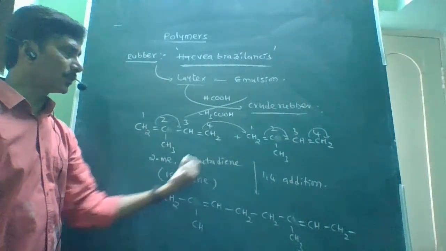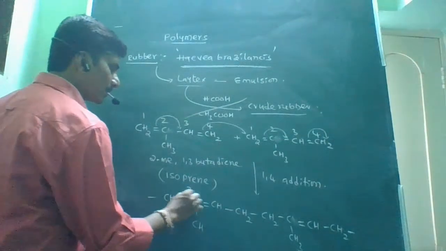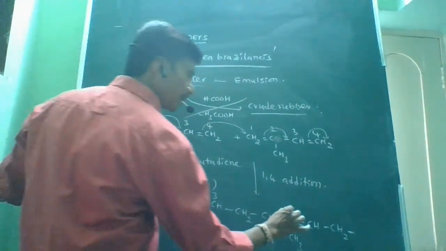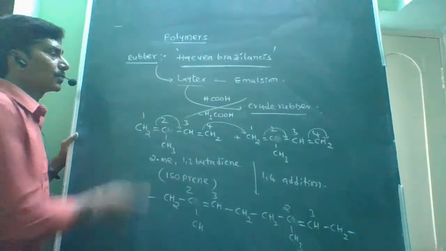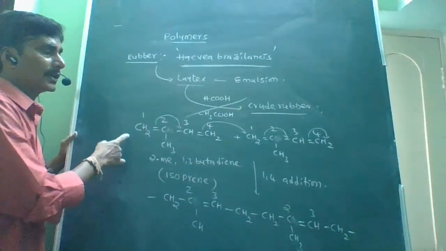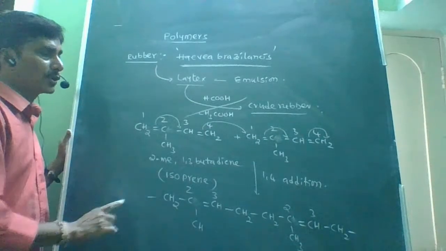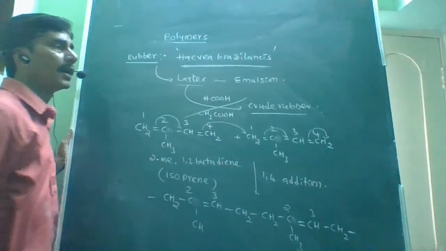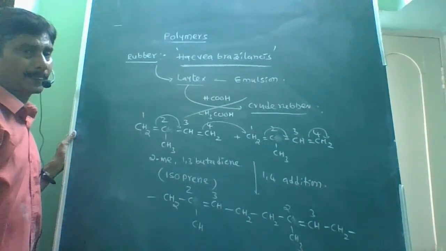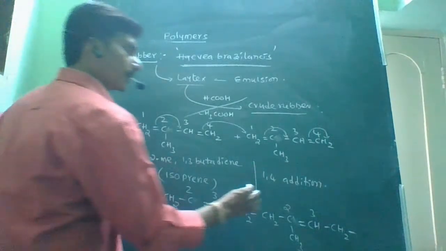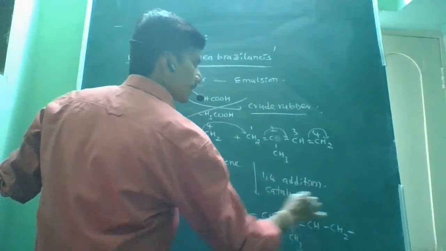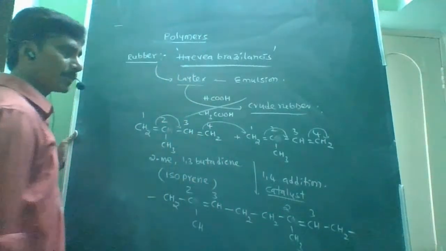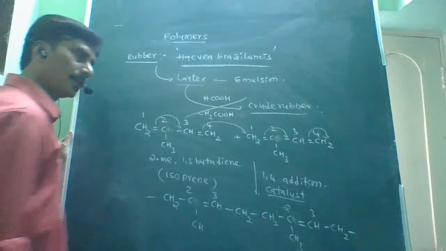When you make the bond formation, the double bond comes in between the 2,3 carbon atoms. So these isoprene units can be joined by 1,4 addition to form rubber. This reaction takes place in the presence of a catalyst.